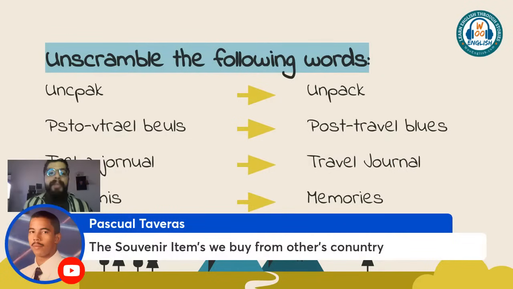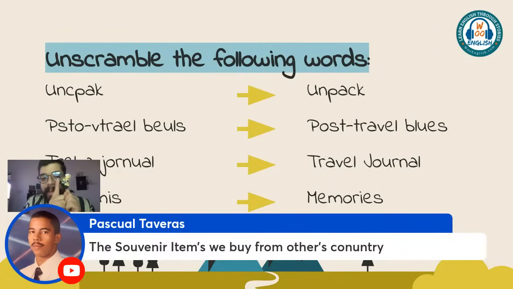That's a very beautiful way, Taveras, to put it. So memories are things we remember in our head, but souvenirs are physical objects that we buy or that we take or collect from another country, and we keep them with us.